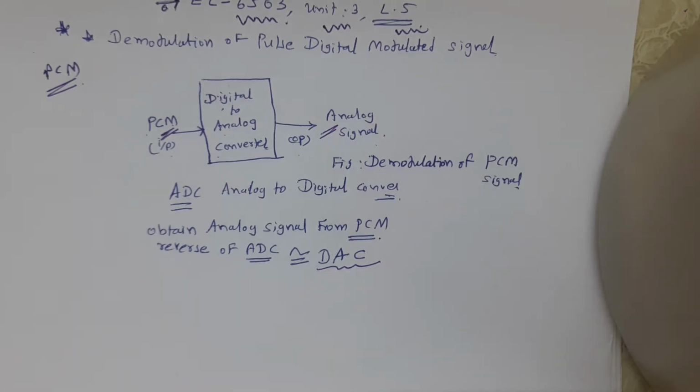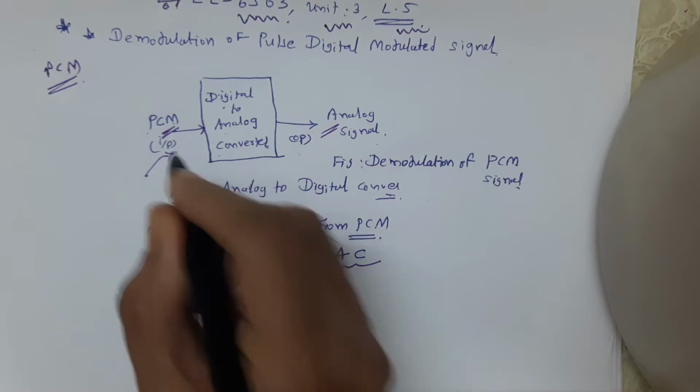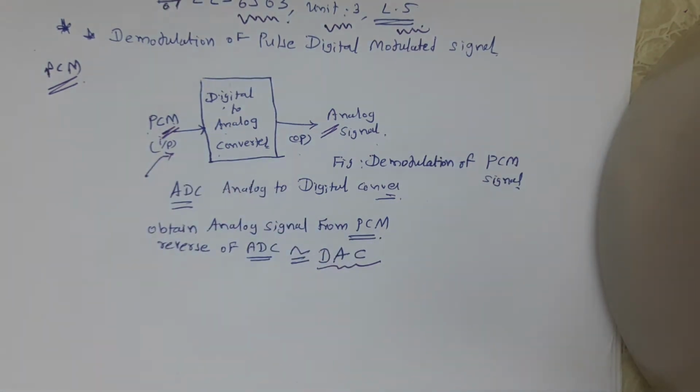Hence, the binary words are applied one at a time to the DAC circuit to obtain the equivalent analog value.